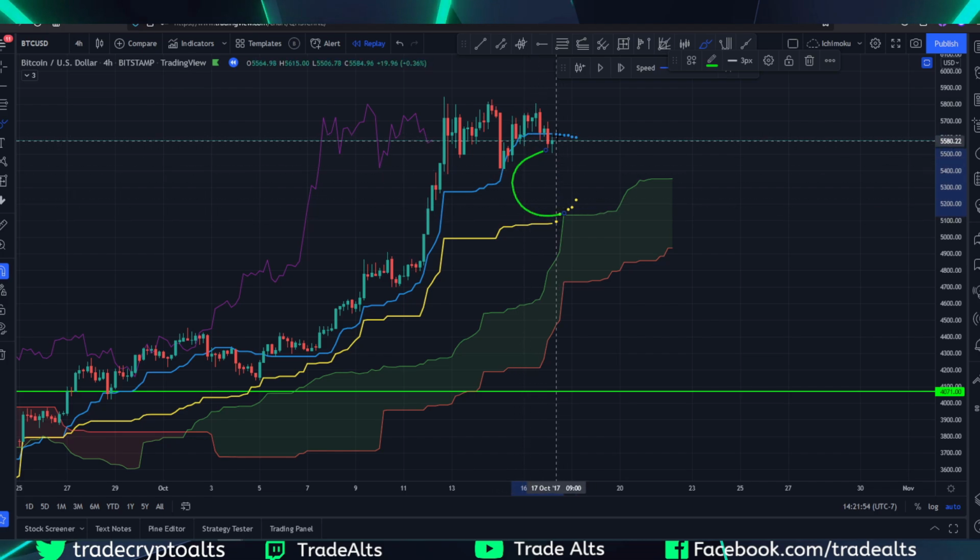When you see this, a lot of times you are waiting for that potential test of Kijun again to bring it back to equilibrium. Right now, this looks like it's going to continue higher, but you do have that C-clamp here, so this is something to be careful of. And again, if you missed any of these entries, when you see a nice trend like this and it does come back down to this Kijun, that is usually an opportunity.